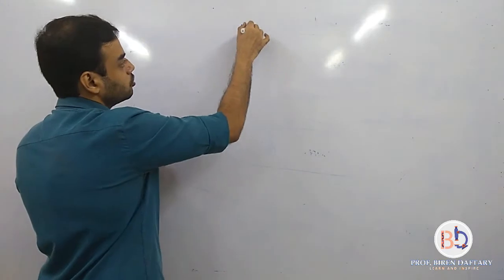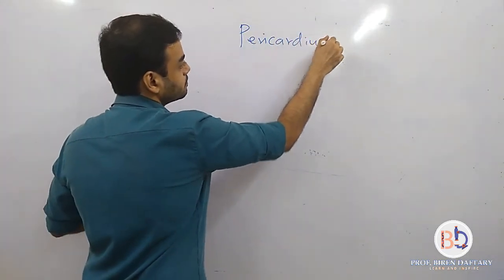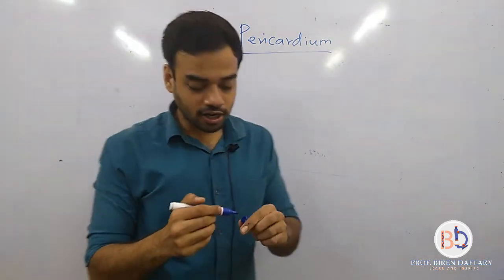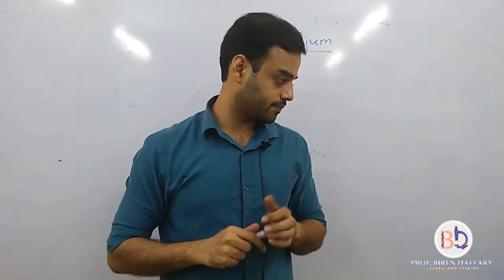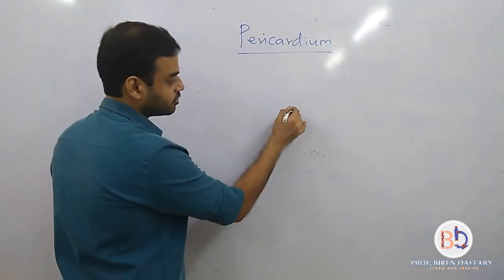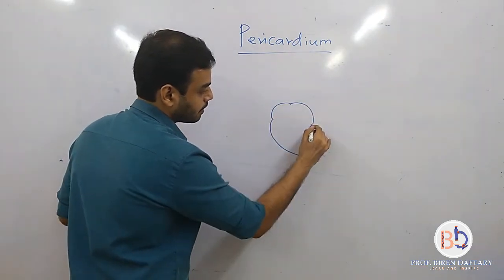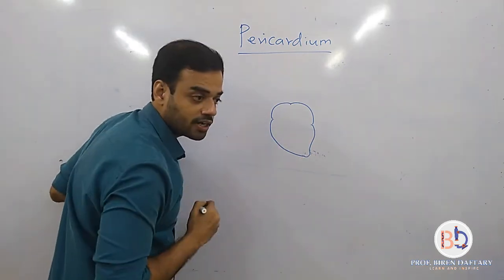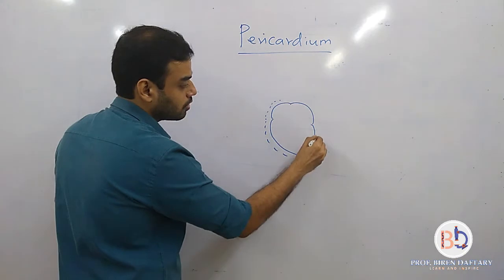So, what is the pericardium? Basically your heart is present in a protective covering. Suppose this is your heart, just draw an outline. This heart is protected by a capsule.